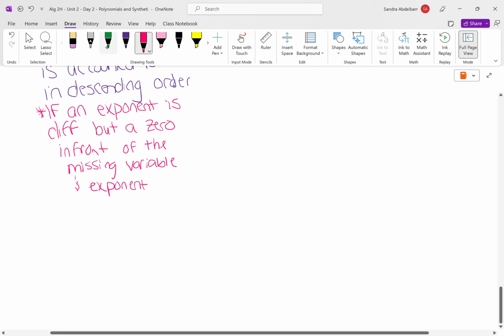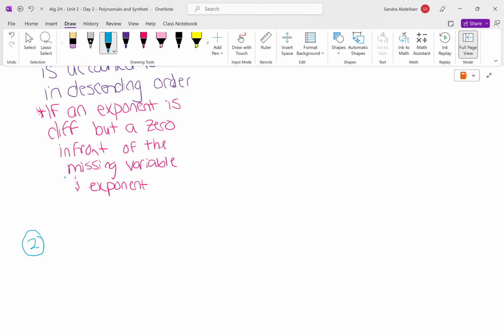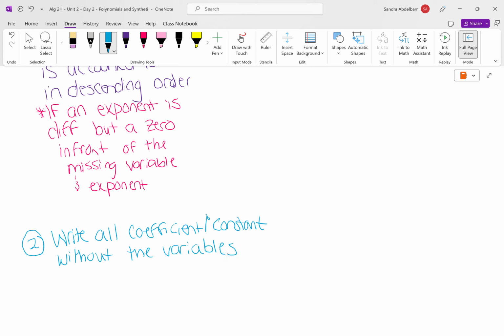Once you make sure that every exponent is accounted for, you are then going to list all of the coefficients out. Write all coefficients and the constant without the variables.